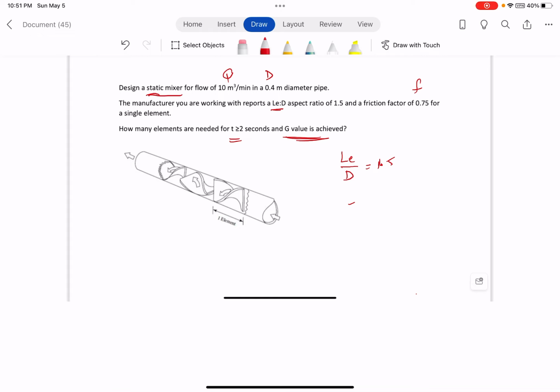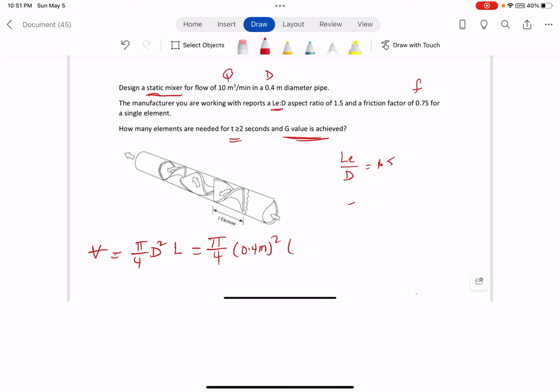First, we need to find out the volume of every element. The volume is pi over 4 times the diameter of the static mixer squared times the length of every element. The diameter is 0.4 meter.